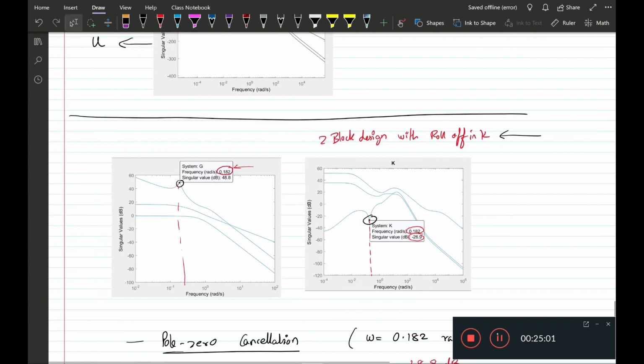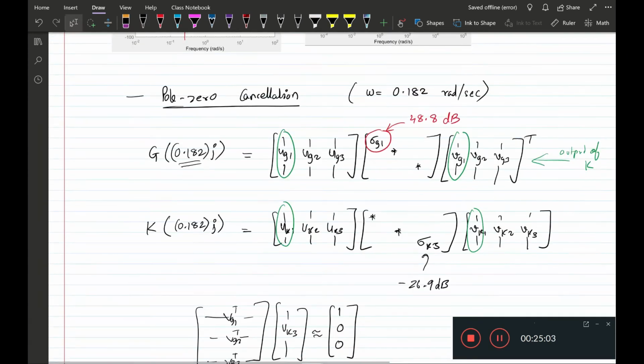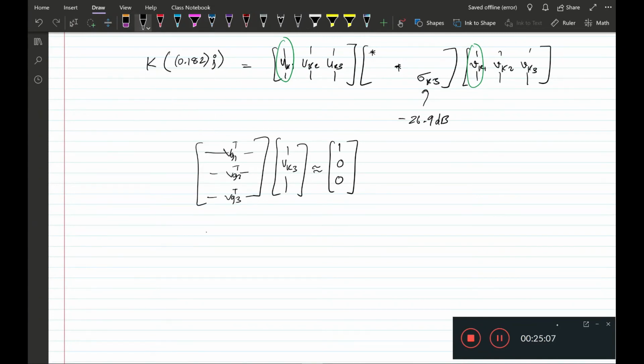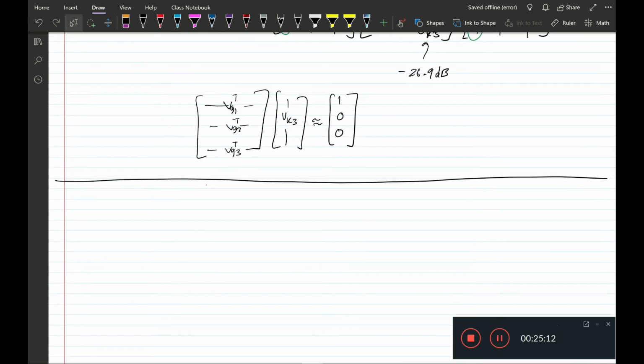So the recommended thing to do is to always do a 4-block design, which I will now say a few words about.